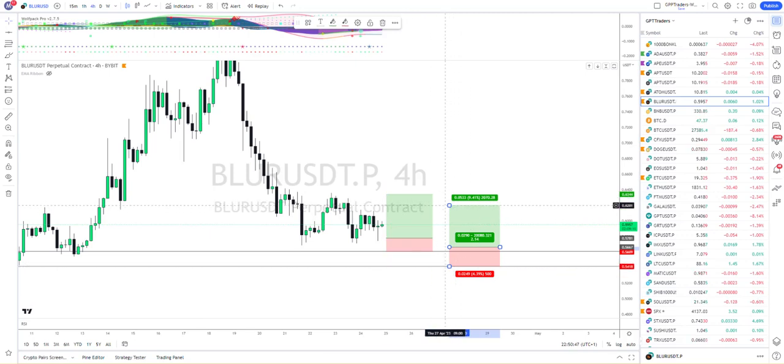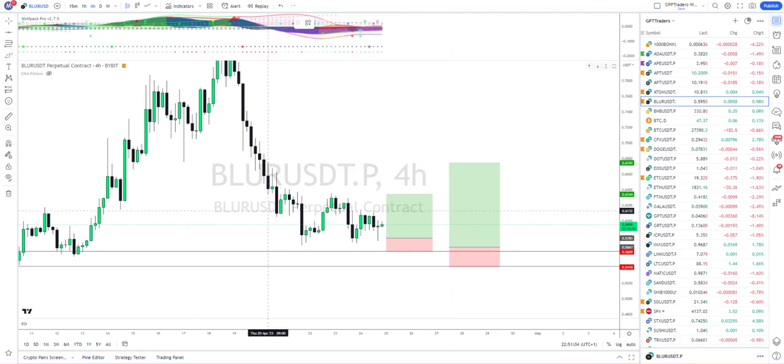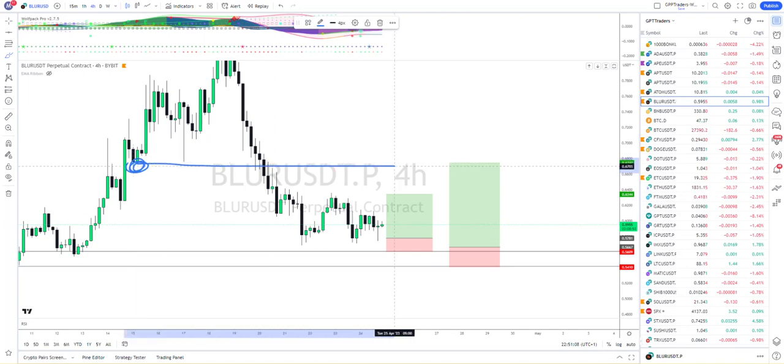You can aim for a conservative entry here with a tighter stop loss, or you could have a bigger stop loss and then aim for potentially this area. So we always want to take our nearest price action, and in this case it is around that space.